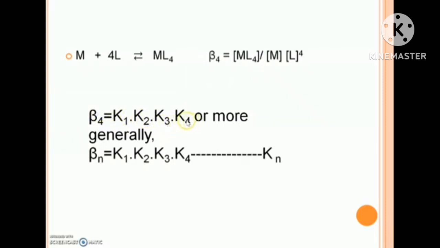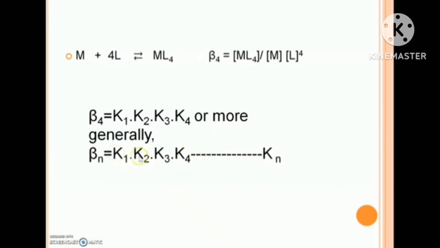That means the overall stability constant is the product of the stepwise stability constants, and generally we can write beta n is equal to K1 into K2 into K3 into etc. Kn.